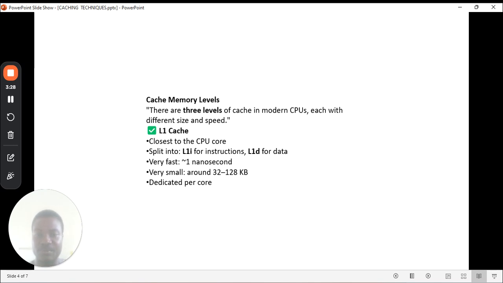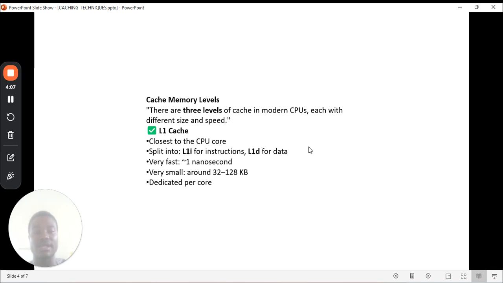It is very fast, approximately 1 nanosecond. It's very small, around 32 to 128 kilobytes, and it is dedicated per core. So that's how the first level of cache memory works.